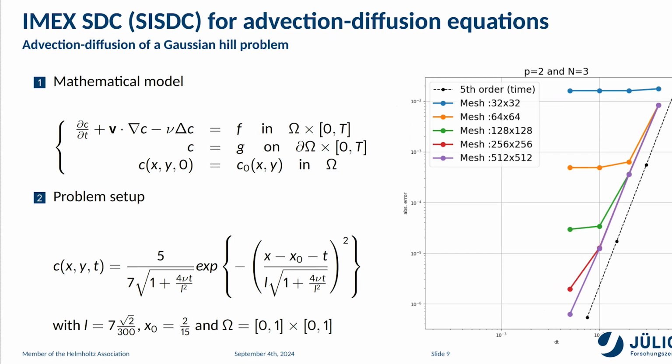SDC with 3 nodes is equivalent to fifth order, because the order is 2n-1. So here we were seeking the fifth order, and as you can see, when using a well-refined mesh, we got the fifth order in time, but for the other meshes, the space error still dominates the time error.